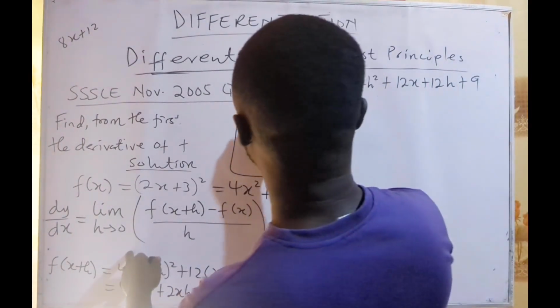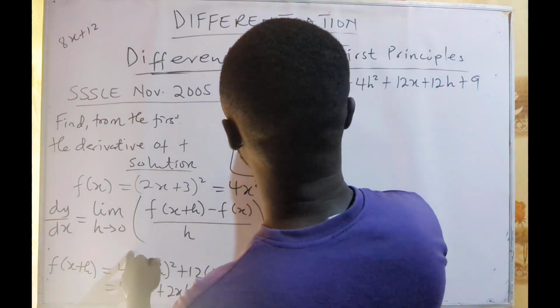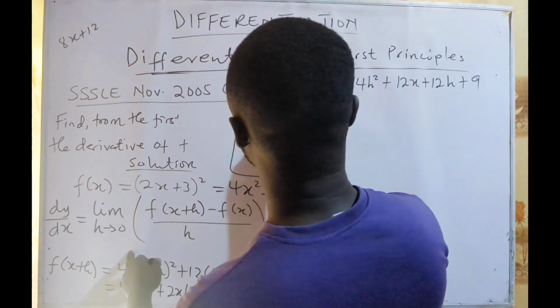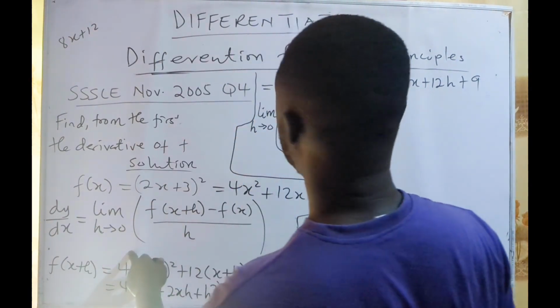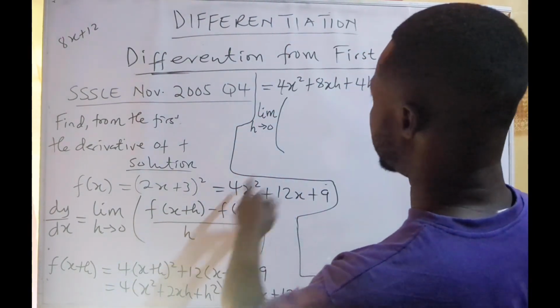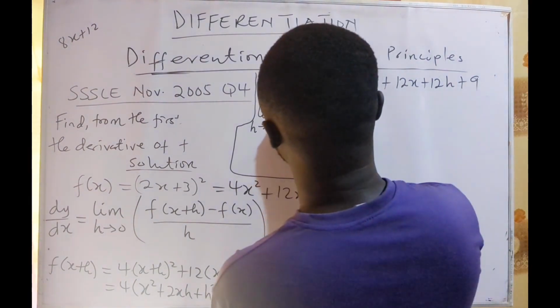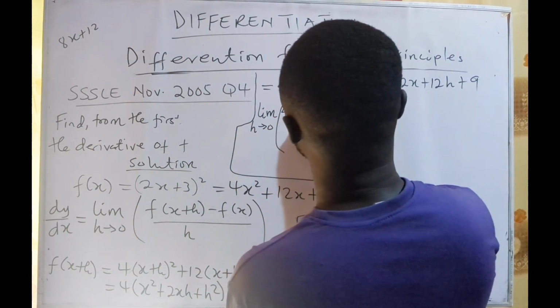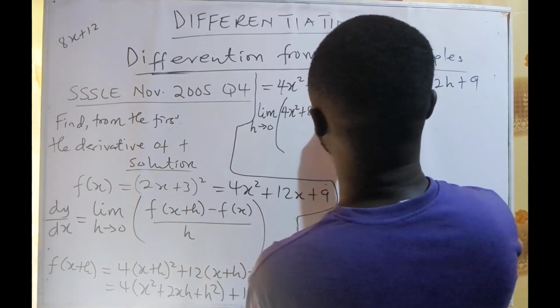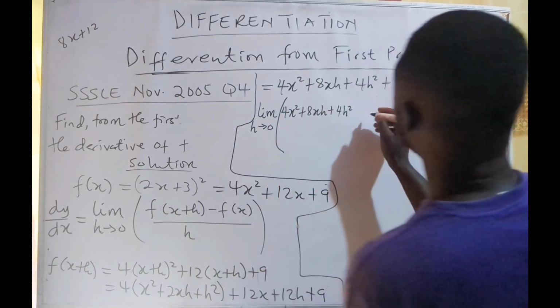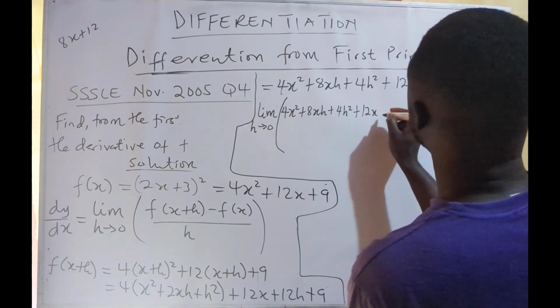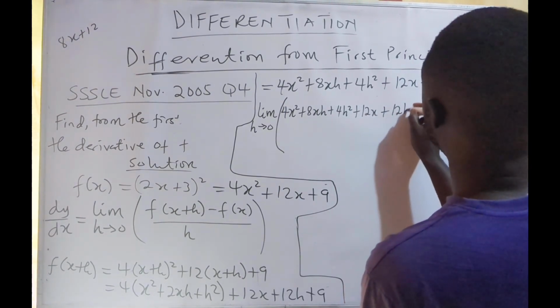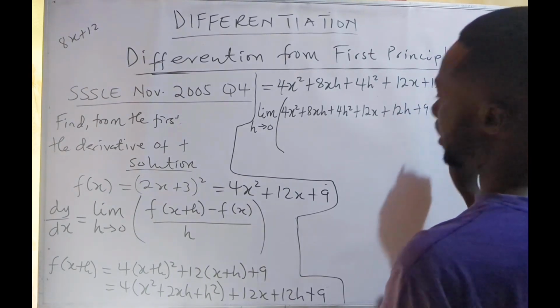So our main formula, we have what? The limit as h approaches 0, all right, f of s plus h, that is 4s squared plus 8sh plus 4h squared plus 12x plus 12h plus 9 minus f of s.